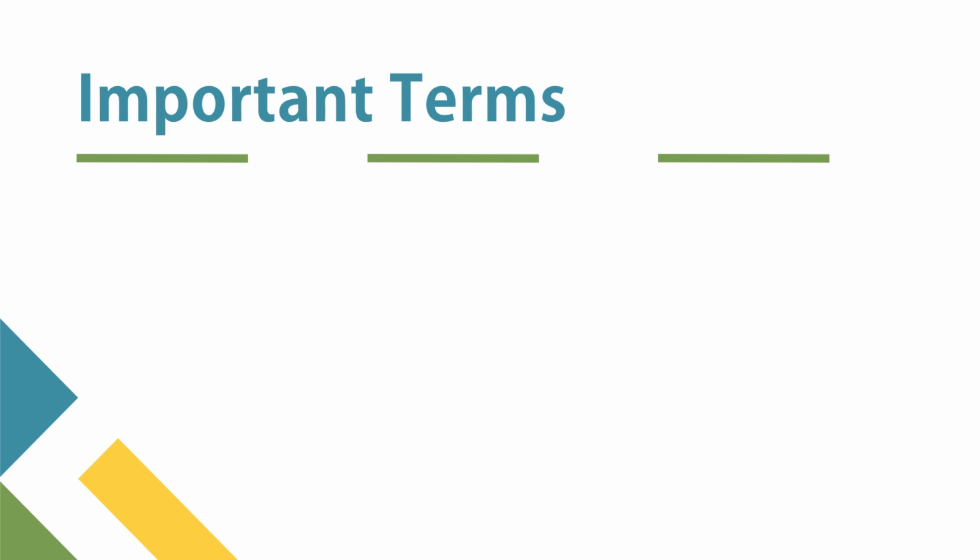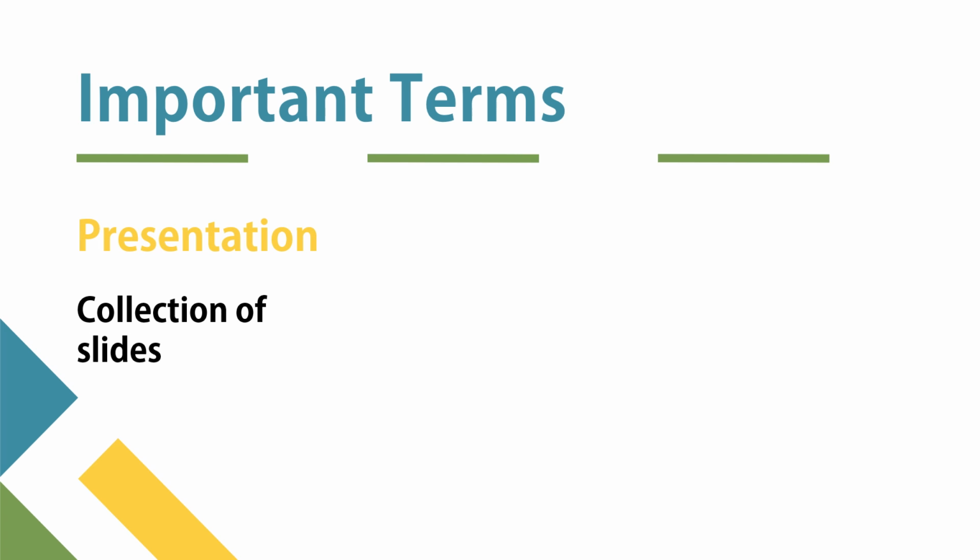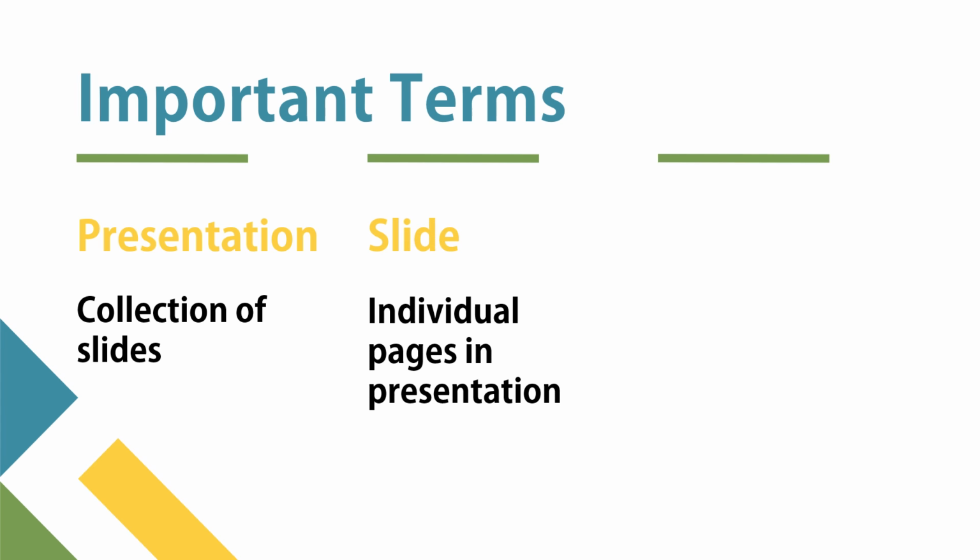Various important terms are related to this software. First of all, presentation. What is a presentation? A presentation is a collection of slides, various individual slides. What do you mean by slide? Individual pages in presentations.